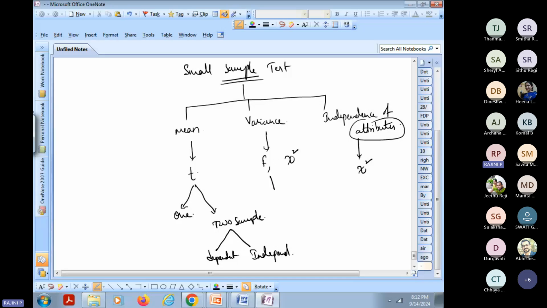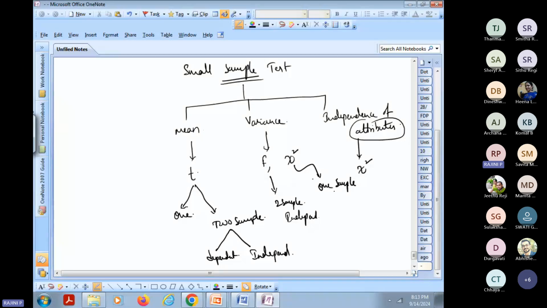If you are having two samples and you want to test through the variance, then we go for the F test, and both the samples must be independent. And if there is only one sample and you want to test through the variance, then we go for chi-square test for single variance.